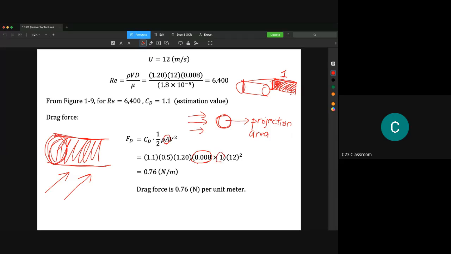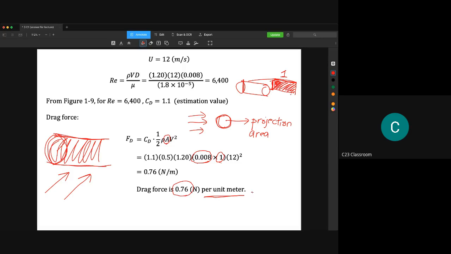That's why we multiply with 1. Then our answer will be given per unit meter. So for every 1 meter length of wire, they will give you 0.76 Newton of drag force. If the length is maybe 10 meters, then the drag force is 0.76 times 10.